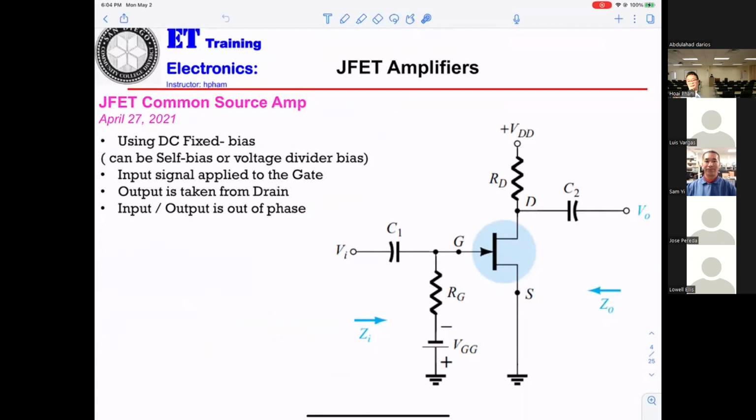You understand, you get three different ones: fixed bias, self bias, voltage divider bias. So which one applies to the common source amplifier now?